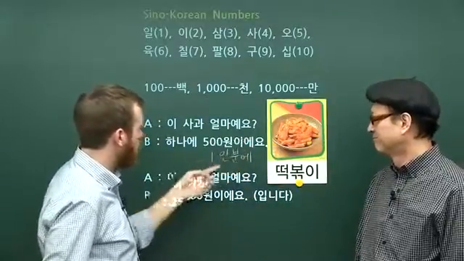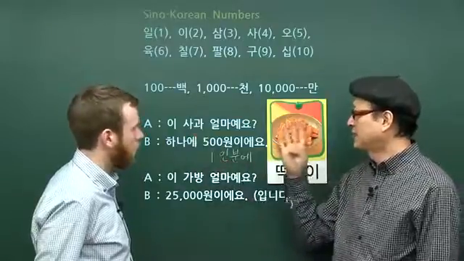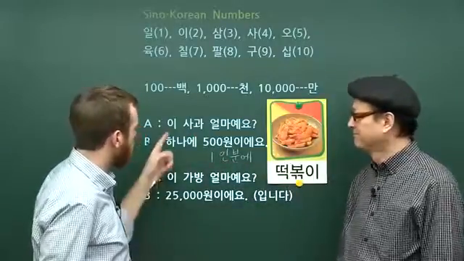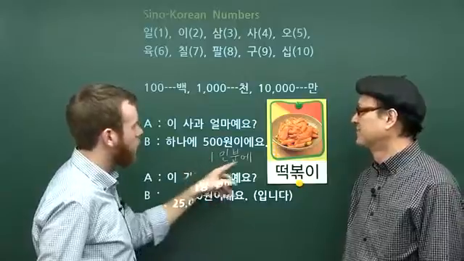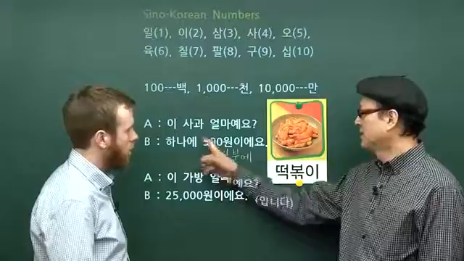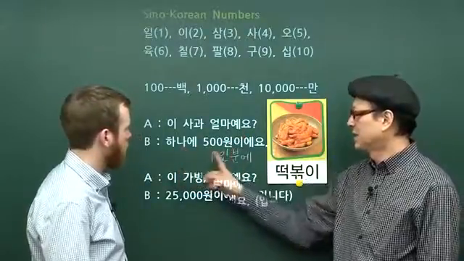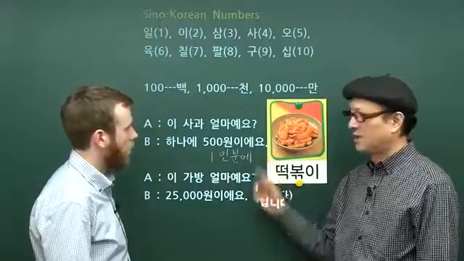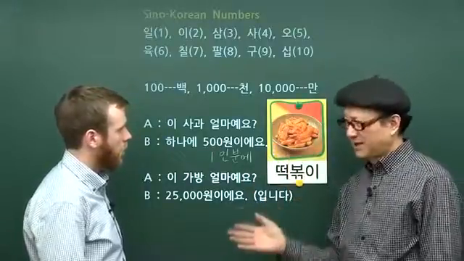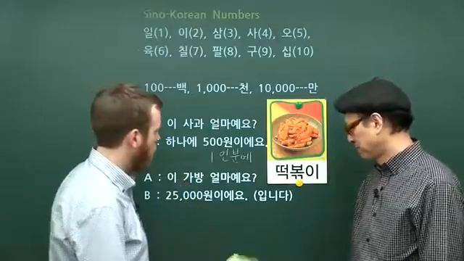Where would I say 4 portions? 이 떡볶이 4인분에 얼마예요? 아니면 그냥 이 떡볶이 2인분에 얼마예요? 그러면 1인분에 2,000원이에요. 4인분 주세요. So just asking for 4 portions. All right, let's try one more.